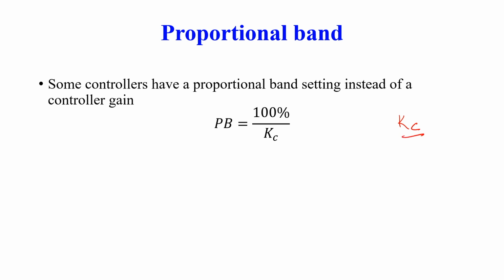Many times this gain is not given, so it is also represented in terms of proportional band, and proportional band Pb is inversely proportional to Kc, that is 1 upon Kc, or you can say it is 100% divided by Kc. Some controllers have a proportional band setting instead of a controller gain, so that we can easily interchange among them.